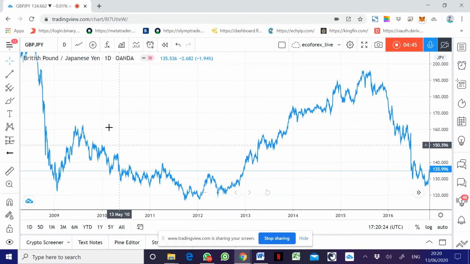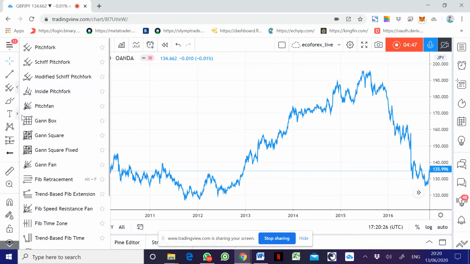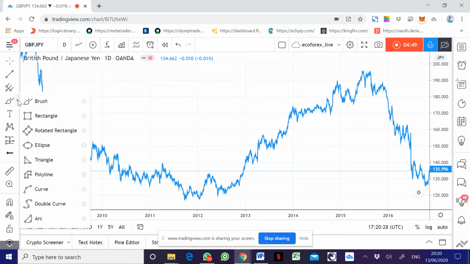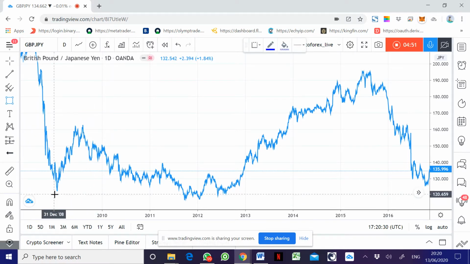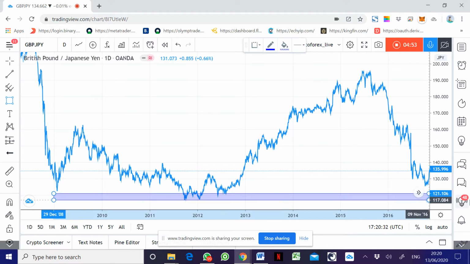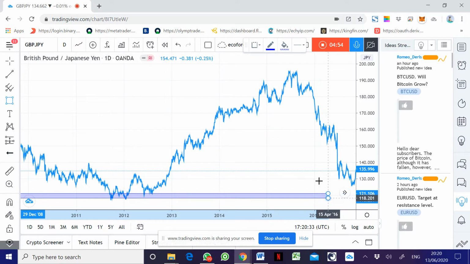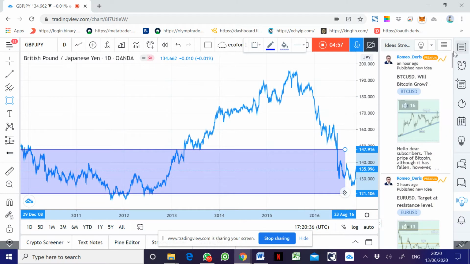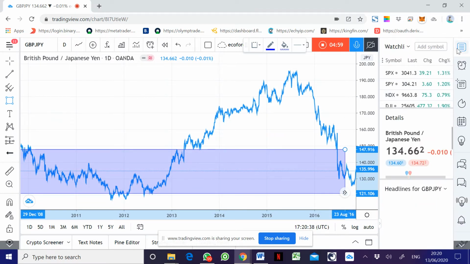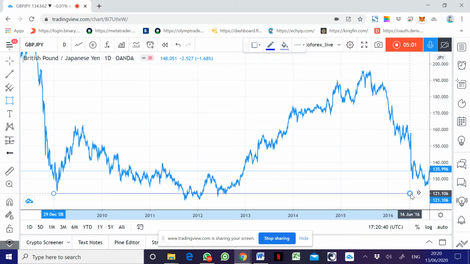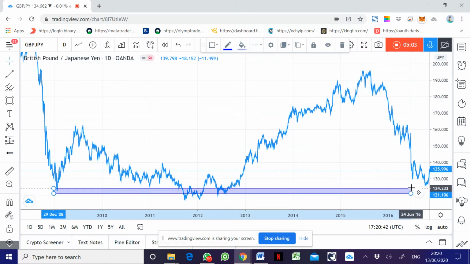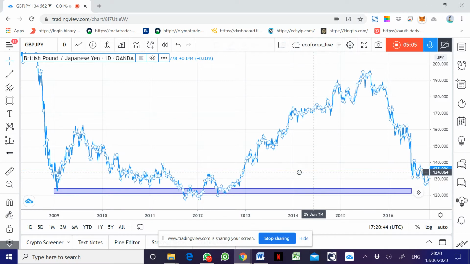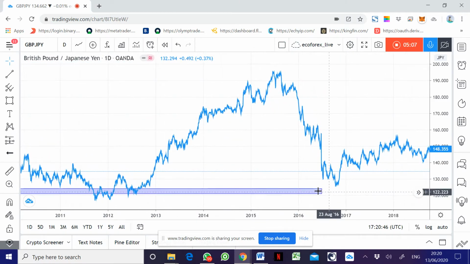Let's start from here. Let me draw support. Sorry, let me use this one. Let me use a bit of a triangle. Sorry, that one. I want to draw my support line.